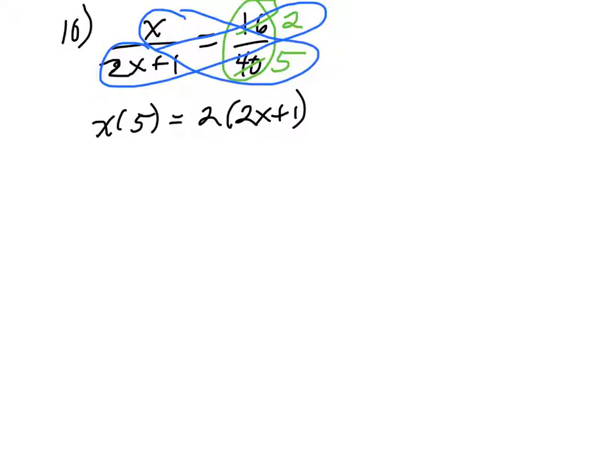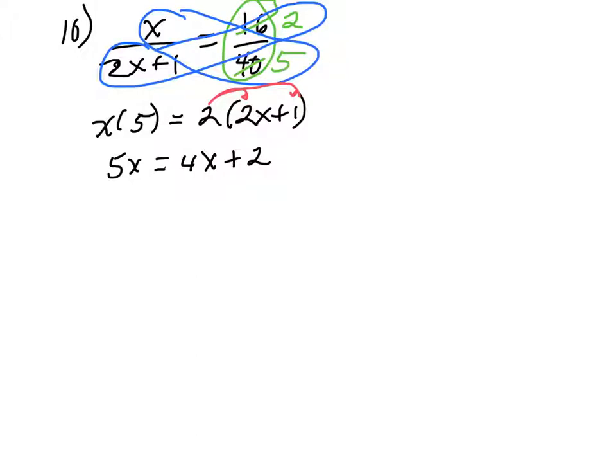Make sure that you're fully distributing this 2 into the entire parentheses. And so we end up with x times 5 is 5x equals 2 times 2x is 4x, 2 times 1 is 2.